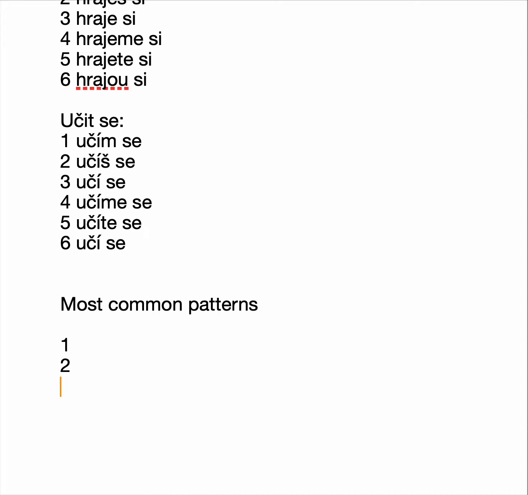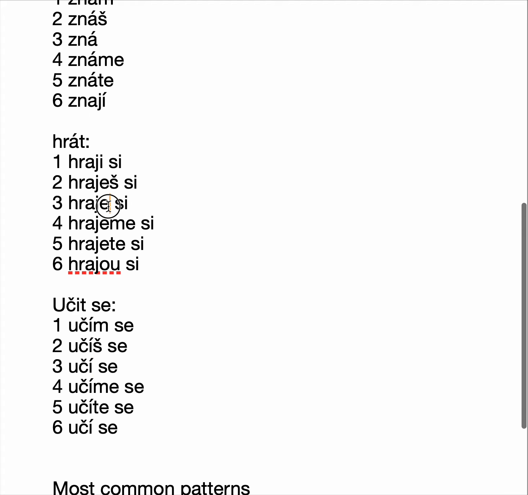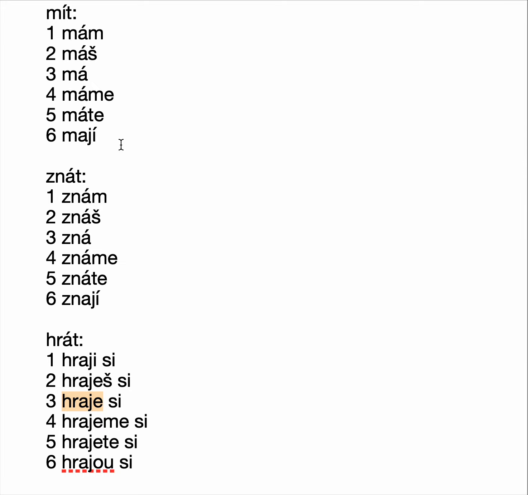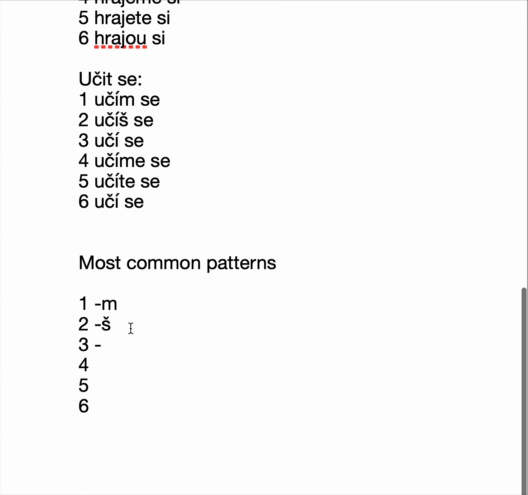So the most common patterns in Czech present tense verbs are: for I, it ends with M. For second person, you singular, it ends with š. The third person singular is like nothing, it's the shortest version. You see, usually the ending consonant is removed completely, except sometimes it's a. That happens, but it's either nothing or a.